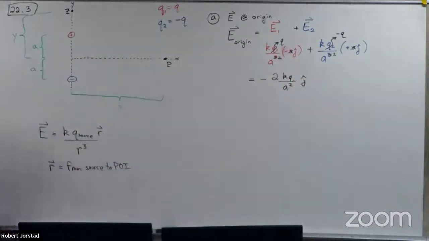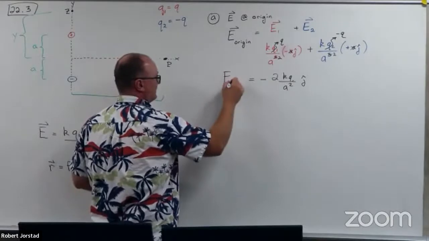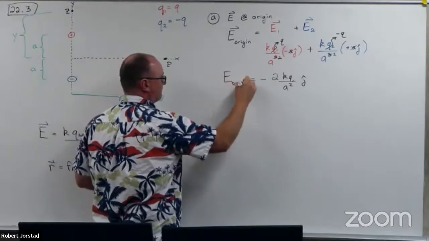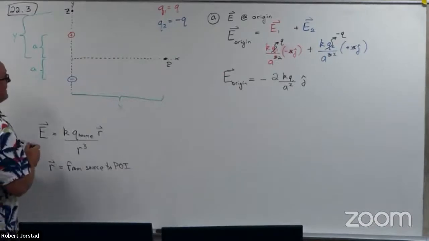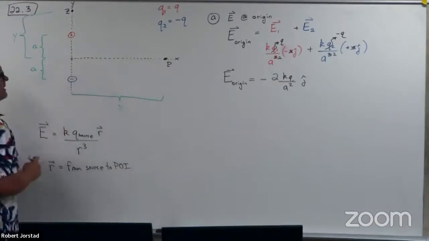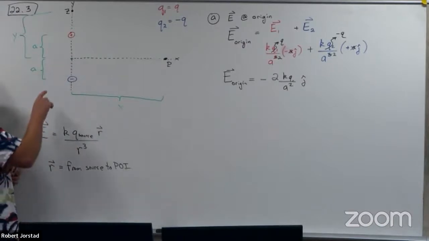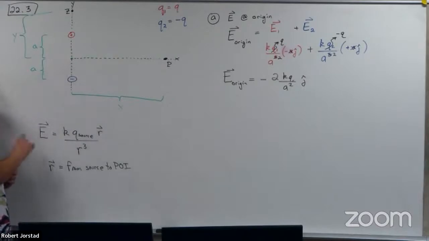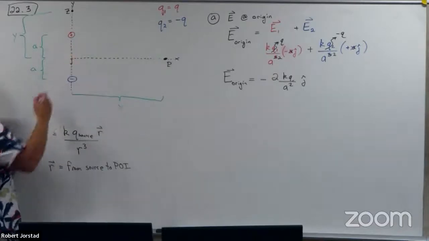Well, how could we check that? Obviously, we could plug this into the computer simulation. But let's think. If I'm sitting right here, and again, I pretend to put a plus charge there, a fake charge called the test charge that's positive, I expect the plus charge on top should push down.